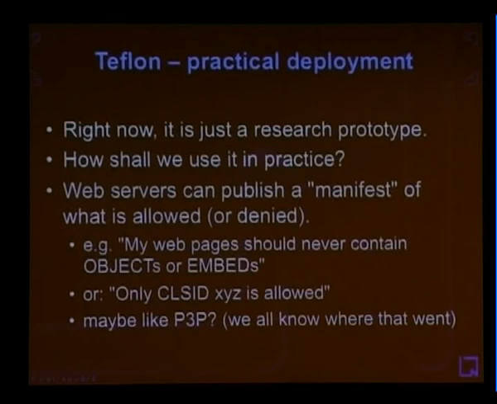But the thing to think about with Teflon is, right now what I'm working on is how can we make such technology built into the browser, how can we make this work in practice? How would this happen? Maybe with Teflon you have a list of known malicious objects, something like Microsoft Killbit stuff.